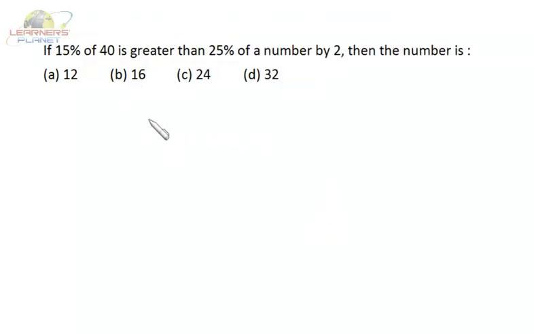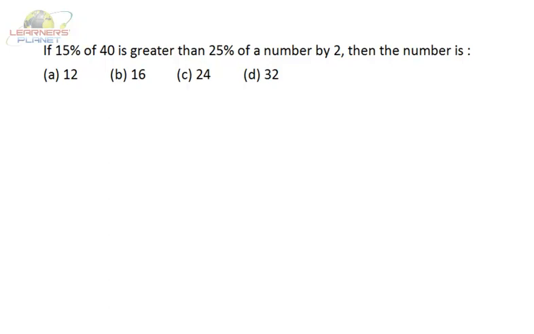Now in this problem, 15% of 40 is greater than 25% of a number by 2. 15% of 40 is 6. 6 is more than 25% of a number by 2. That means precisely we are looking for 25% of a number that is equal to 4.